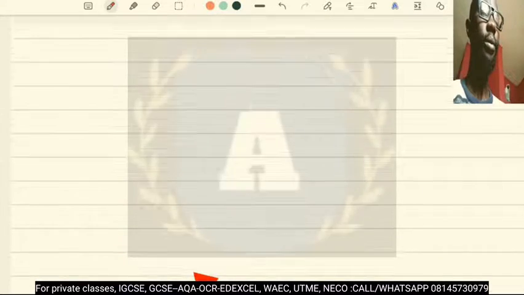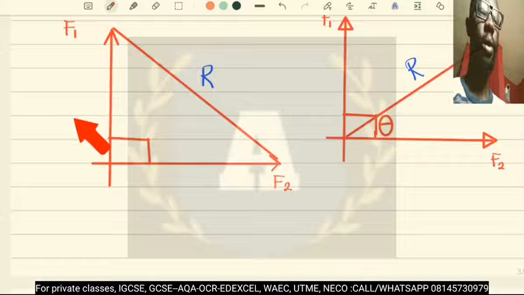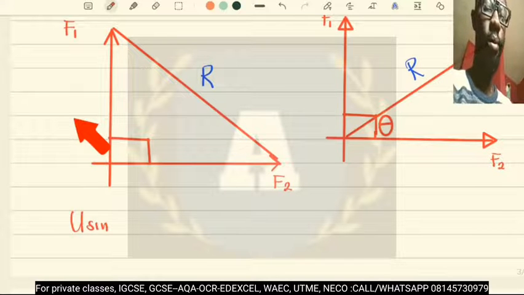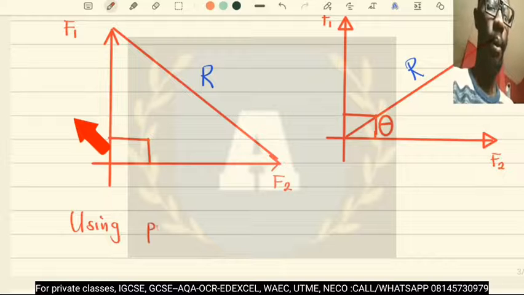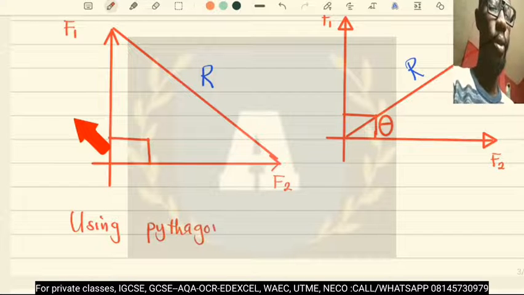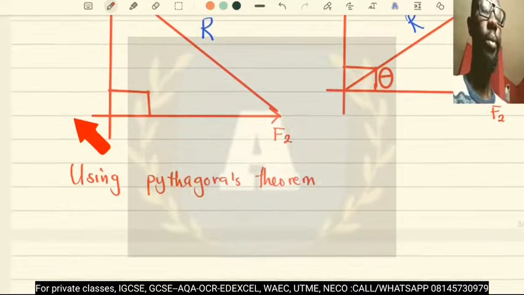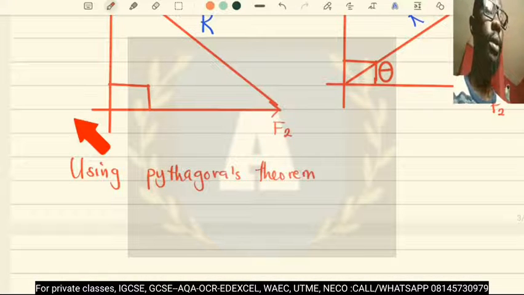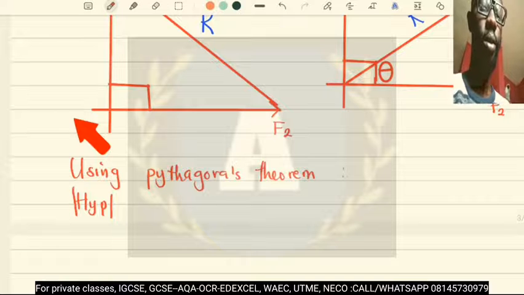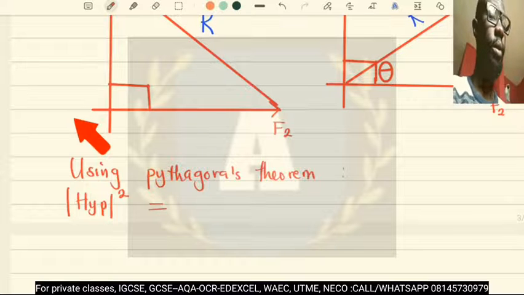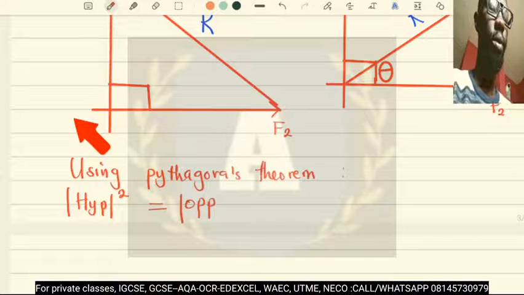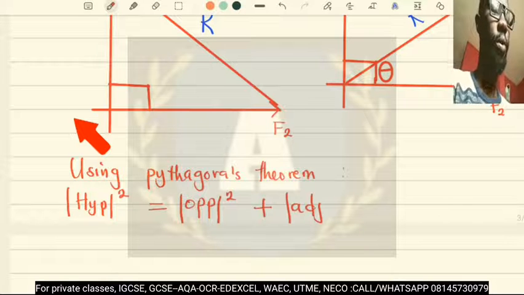Okay, so now you say that using Pythagoras theorem, a very important theorem in mathematics, which states that the square of the hypotenuse is equal to the sum of the squares of the opposite and adjacent respectively.